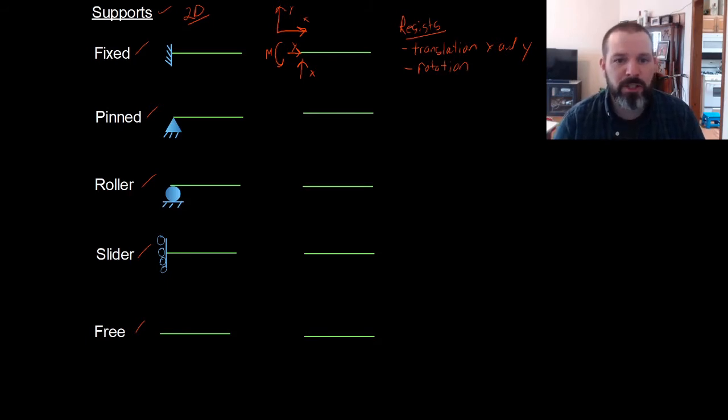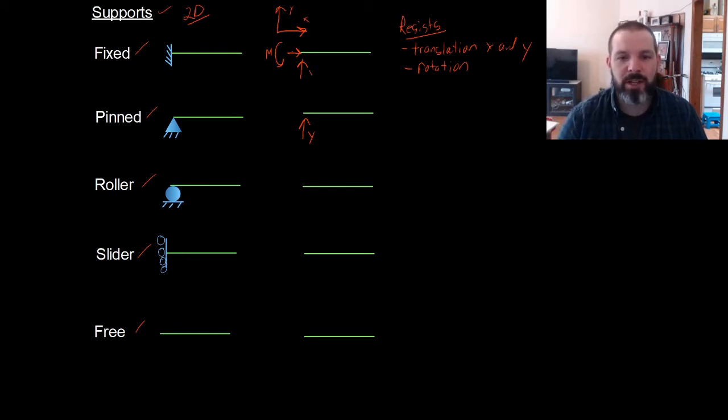If we move from a fixed support to a pin support, we lose the moment. A pin support can generate forces in the x and y, and obviously here I made a mistake because I labeled the forces backwards.